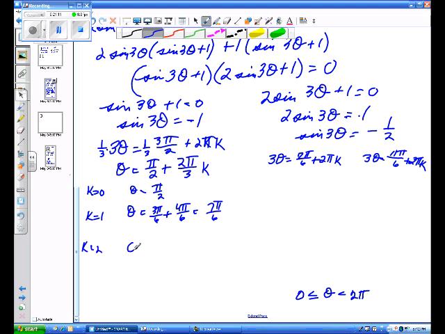If k equals 2, then theta is going to be pi over 2 plus 4 pi over 3. So it's going to be 3 pi over 6 plus 8 pi over 6, which would be 11 pi over 6. It's not a negative, 11 pi over 6.